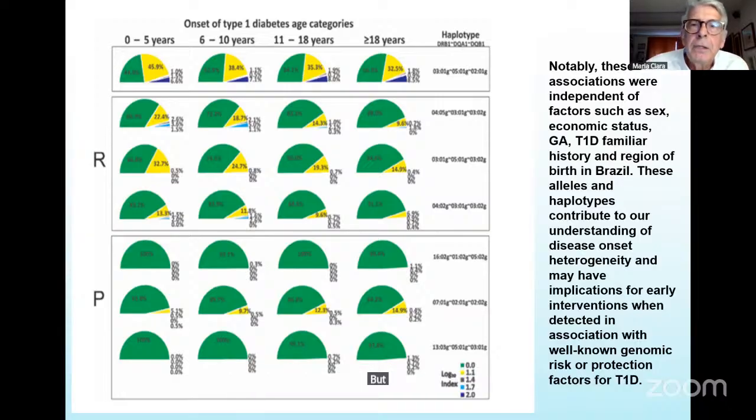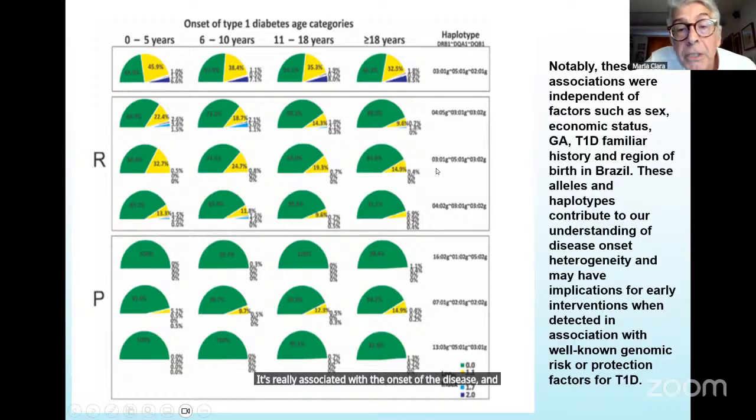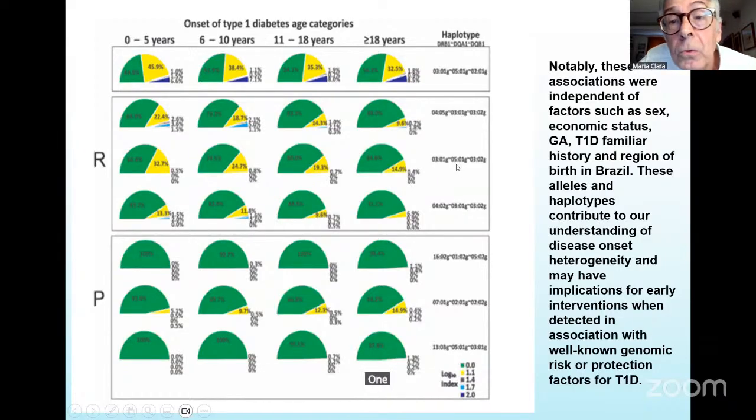But on the other haplotypes, 0405, 0301, and 0302, we have these haplotypes going down. So the red mark is going down. So it's really associated with the onset of the disease. And also 0301, 0501, and 0302. So those are haplotypes that are a risk for the onset of the disease.